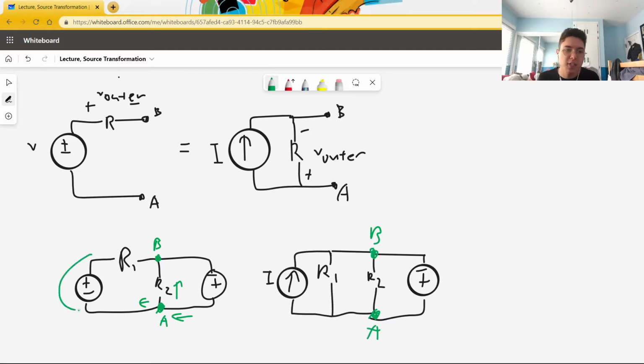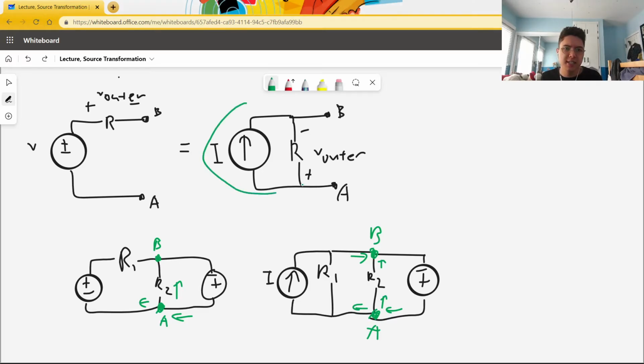This is true even if we converted the voltage and resistor into a current and resistor. If A and B are put in the same place, we see that if current enters here, any current that exits upward must enter the same amount into B. So any current which enters A in this section must exit into B up here.